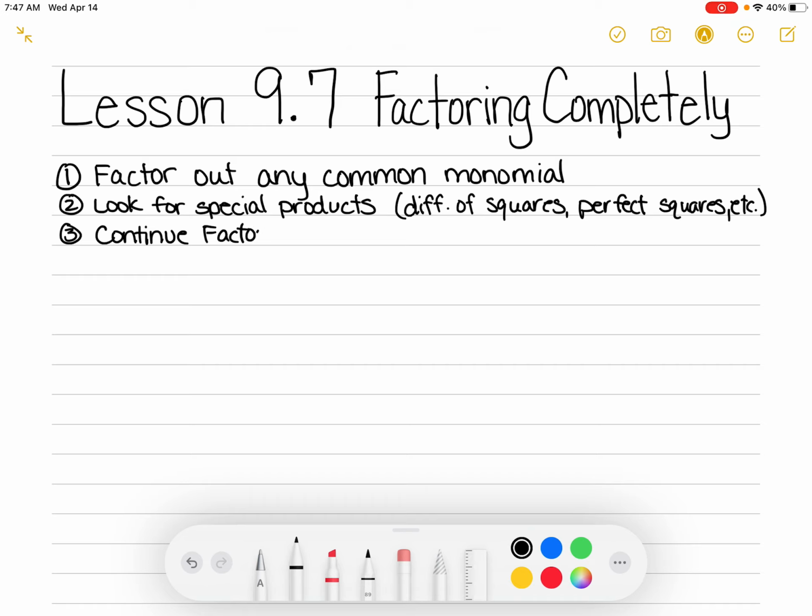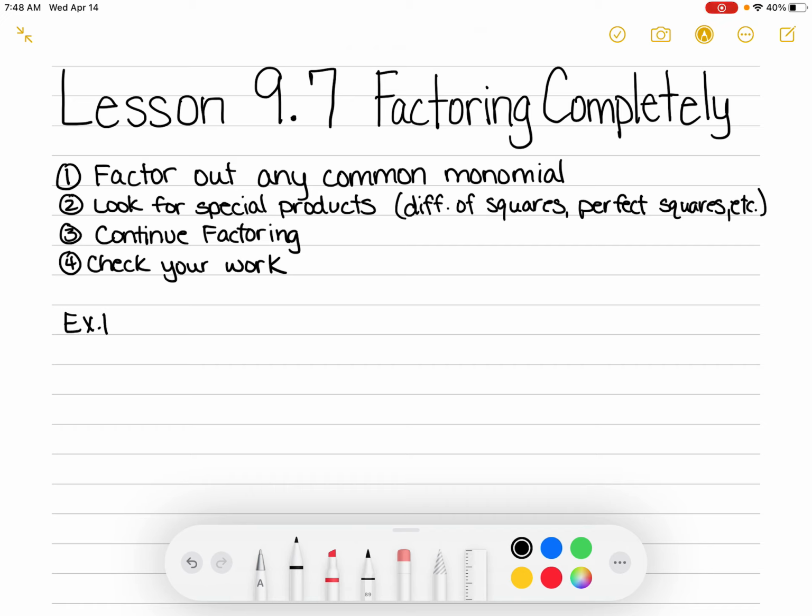So if it's one where you just have to guess and check, then you may need to do that, okay? And then the last thing is check your work. Okay, so let's do all these things while we're doing our examples.